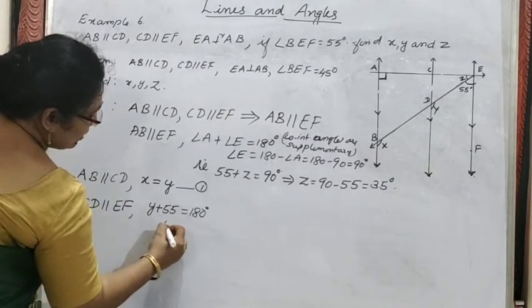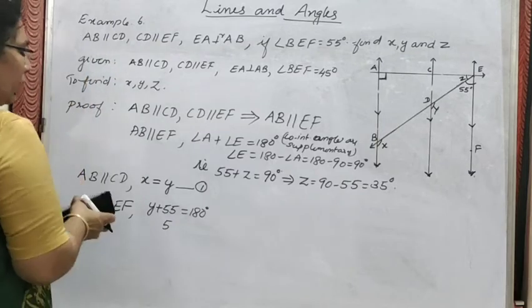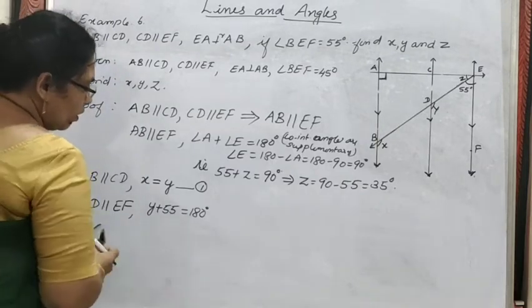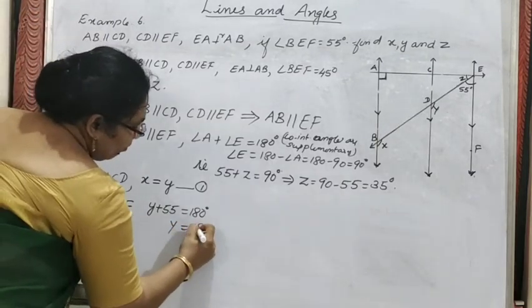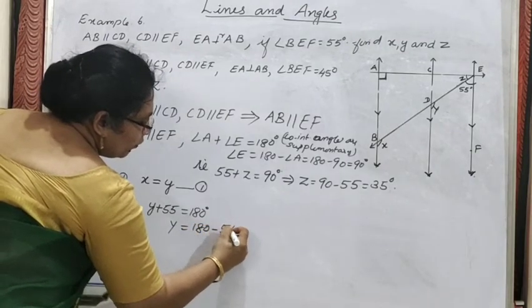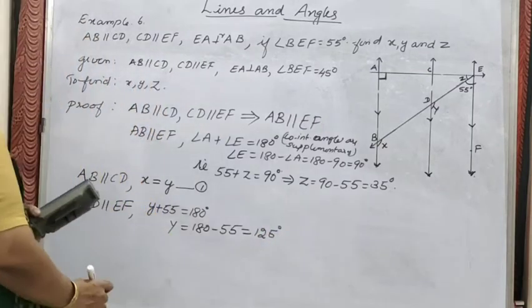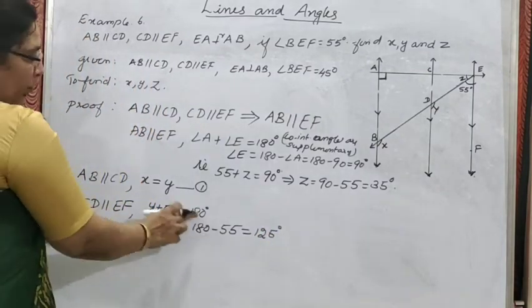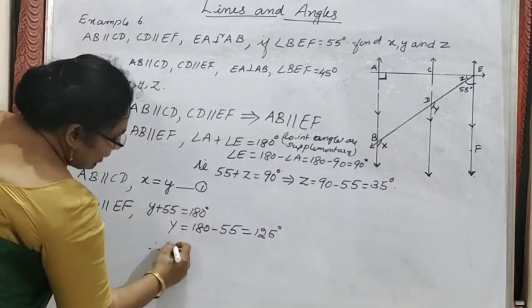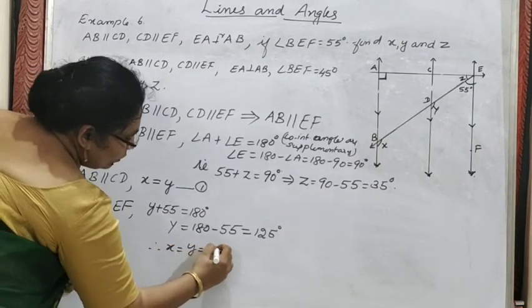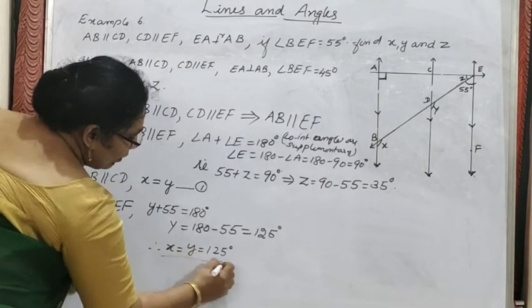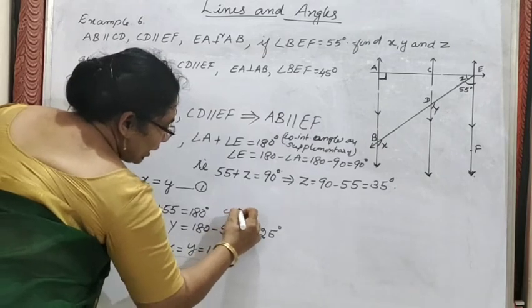Therefore, what is Y now? Y equals 180 minus 55, 125 degrees, right? Once you get Y, you can write X. Therefore, X equals Y equals 125 degrees. So here also co-interior angles.